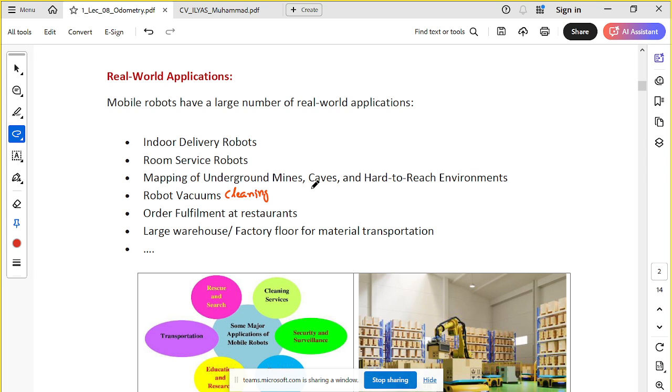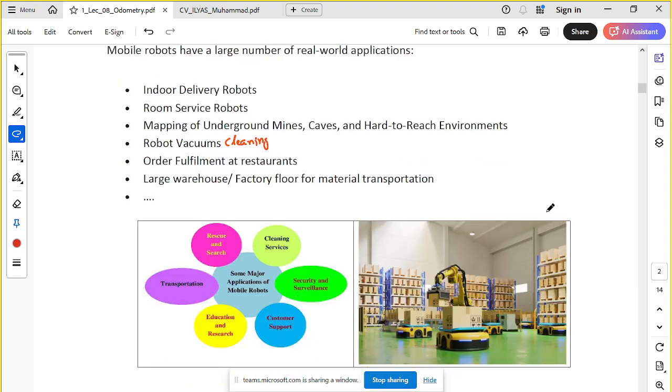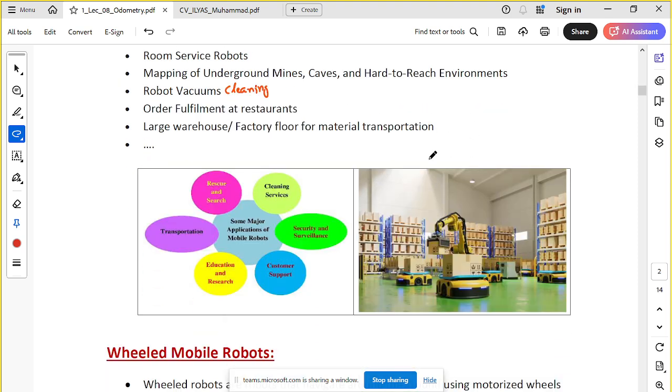Some are actually being used in the real world, and some are still under research. One of the big applications is in warehouses like the Amazon warehouse. Mobile robots are used to do pick and place in the warehouse or on the factory floor, with inbuilt manipulators as well.